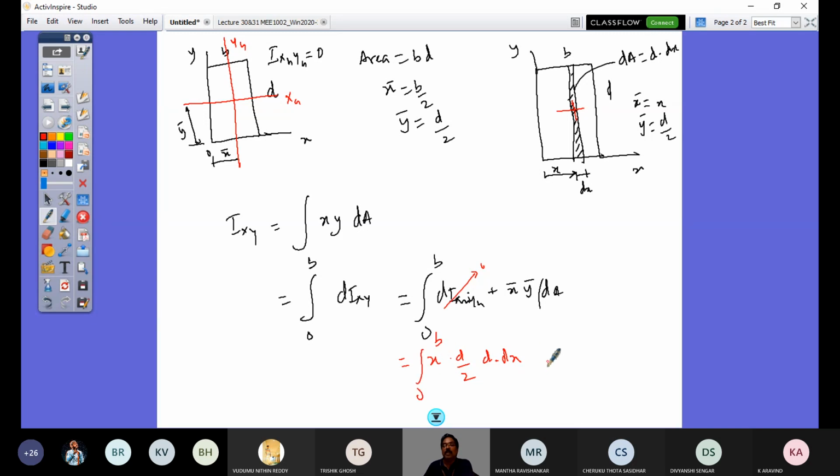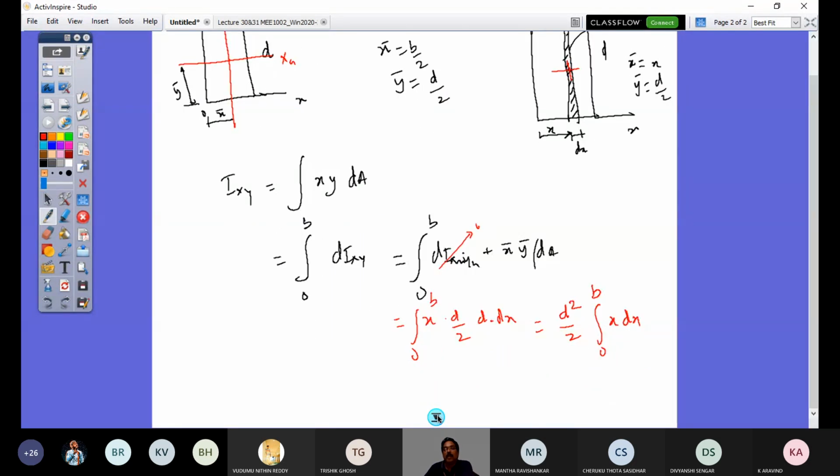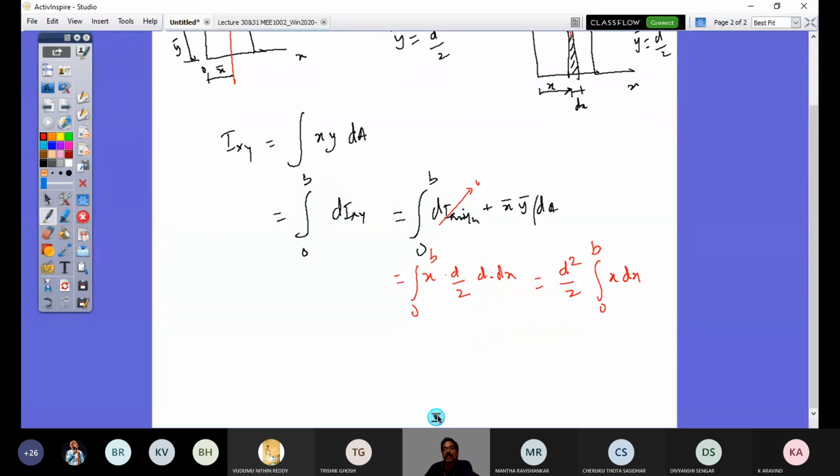So if I carry out this integration, d is constant here, which is depth of the section. So d square by 2, I'll take it out. Integral x dx varies from 0 to b. So if I do so, what is that I'll have? It is d squared by 2, and this integration is going to be x squared by 2, 0 to b. That's going to be b squared d squared by 2.